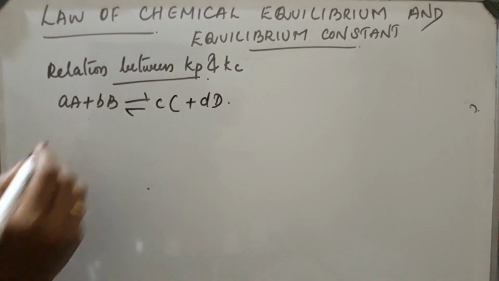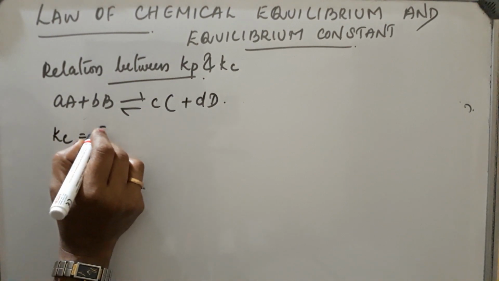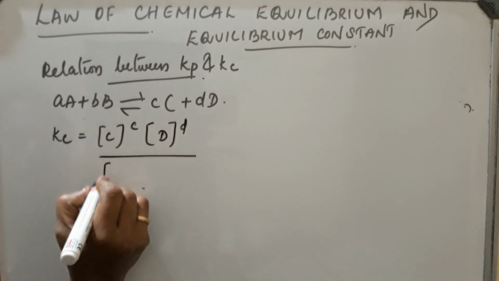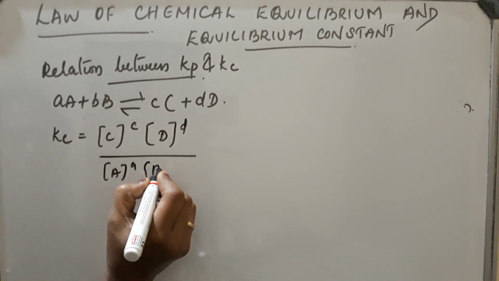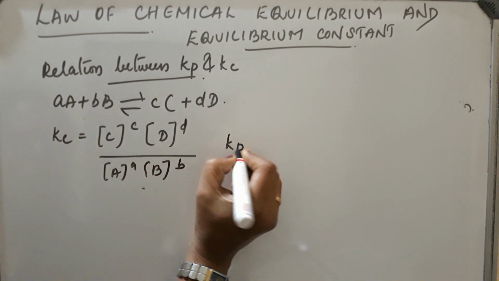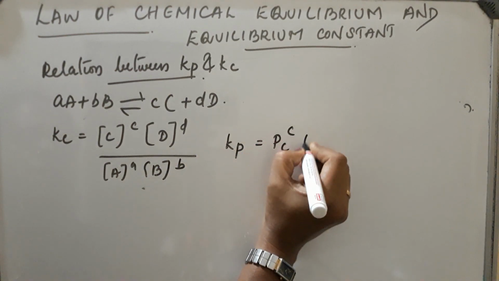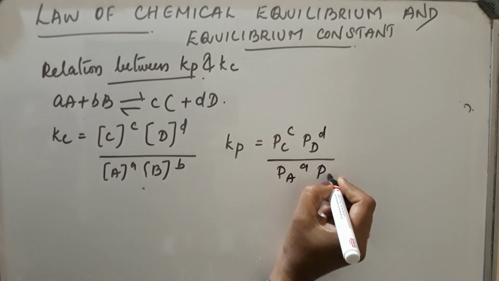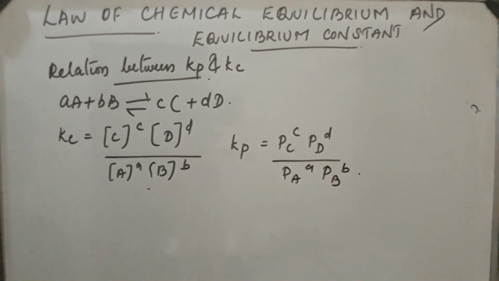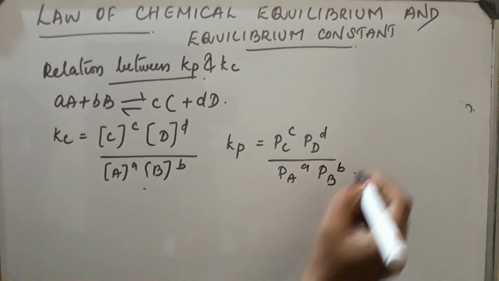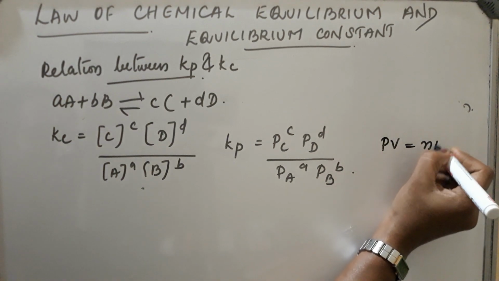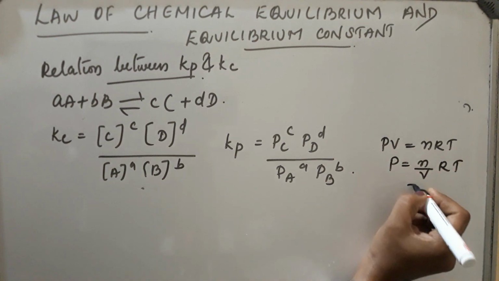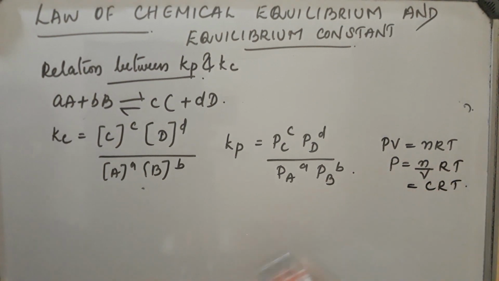So Kc is equal to C raised to c, D raised to d by A raised to a, B raised to b, and Kp is equal to Pc raised to c, Pd raised to d by Pa raised to a, Pb raised to b. For ideal gases, we know PV equals nRT, or P is equal to n by V into RT, which is equal to CRT, as n by V is the concentration.